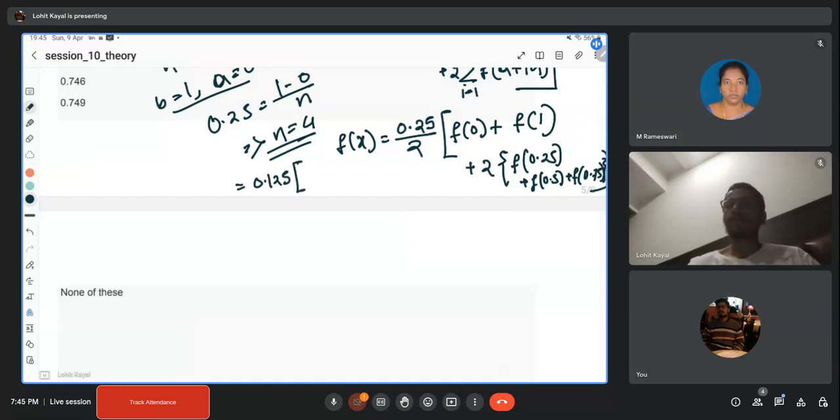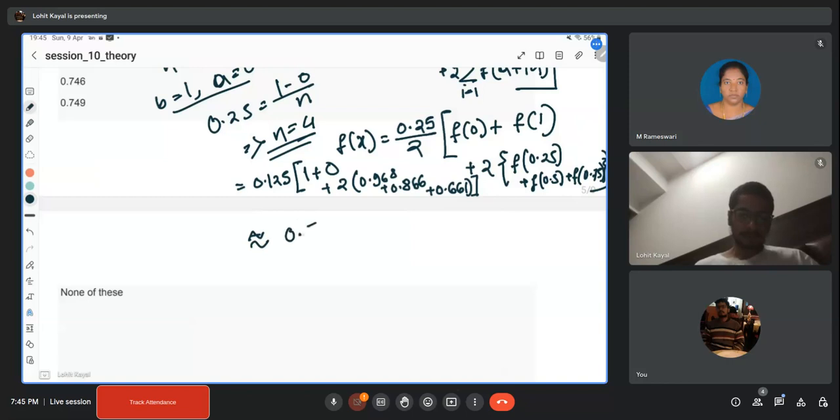What is the value of f of 0? Okay, you need to find the values in the calculator. I have already calculated this, so I'll just write the expression. And f of 1 is 0, f of 0 is 1, plus 2 into 0.968 plus 0.866 plus 0.661. Okay, so what will be the final approximate answer?